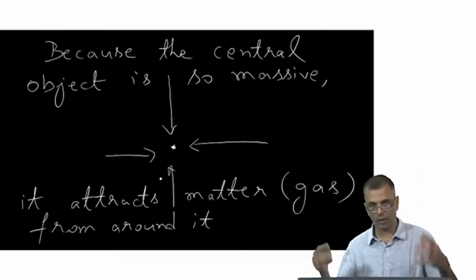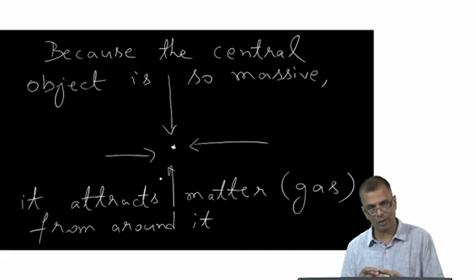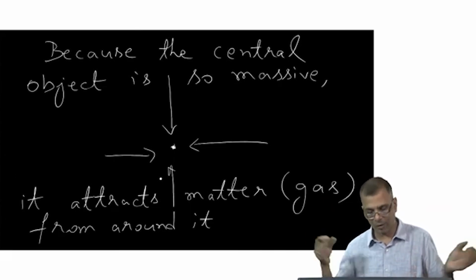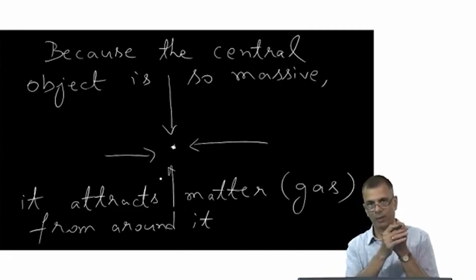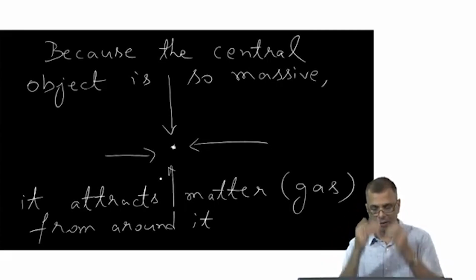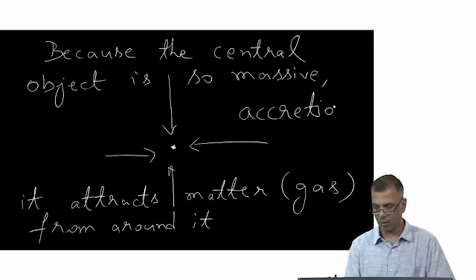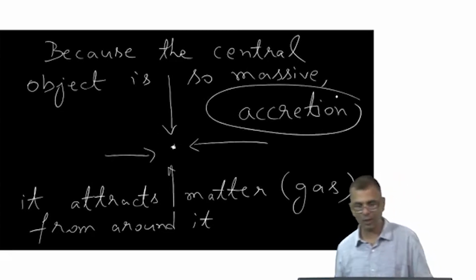And the matter gets attracted, and in case of a neutron star or something, it settles on the central object, or in case of a black hole, it gets swallowed by the black hole. So this process of attracting and accumulating matter onto it is called accretion. If you're not familiar with the word, you can look up the dictionary meaning of it.